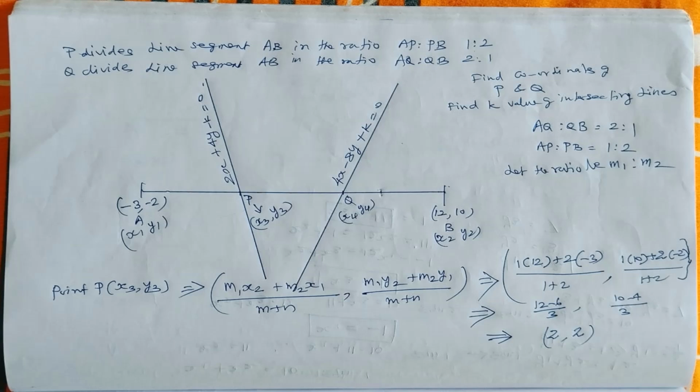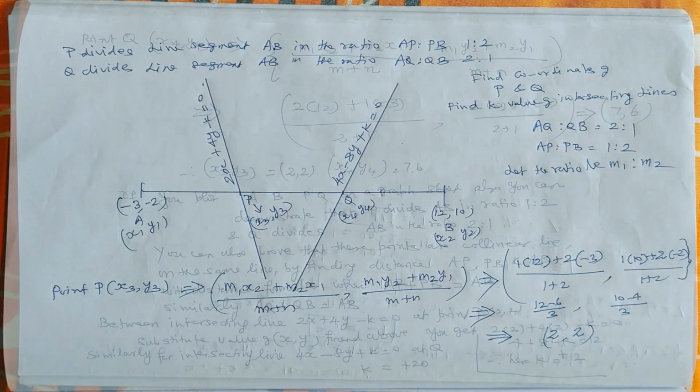To find the coordinates of P, x3, y3, we have this formula (m1x2 + m2x1)/(m + n), (m1y2 + m2y1)/(m + n). Using this formula, we get P's coordinates x3, y3 as (2, 2).